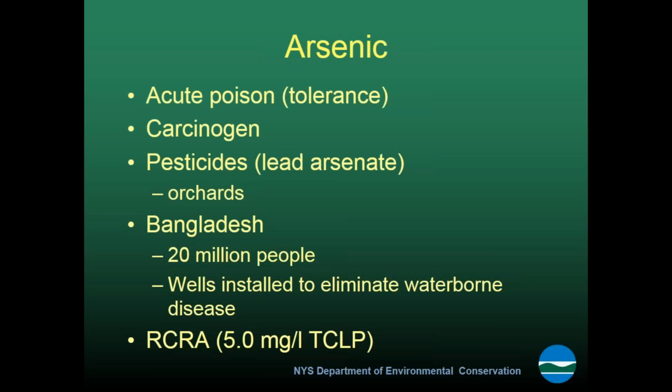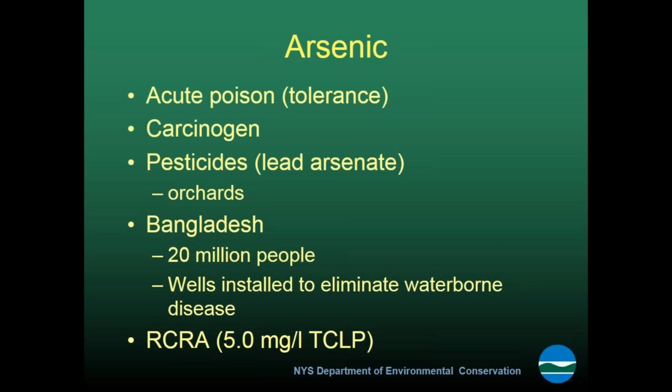You can develop a tolerance for arsenic, so this is well known, and arsenic was very well known as an assassination tool as well for poisoning people. Long term, it is a carcinogen, so it's not just the acute effects.